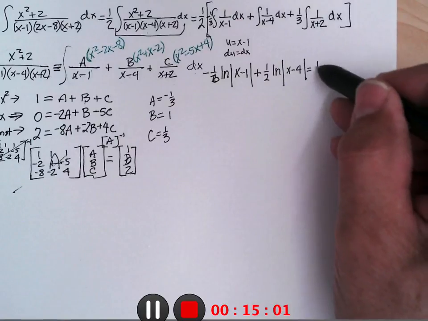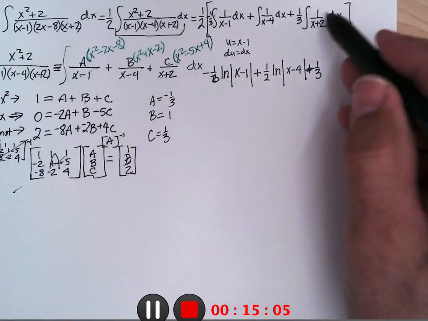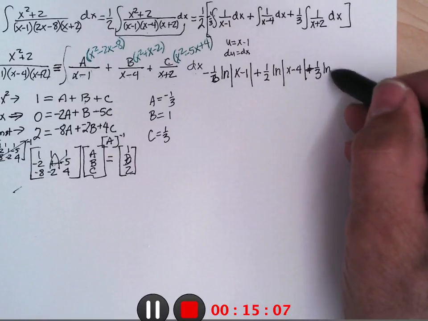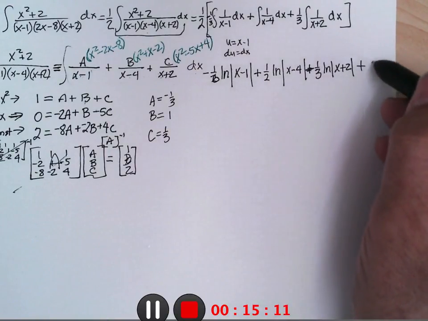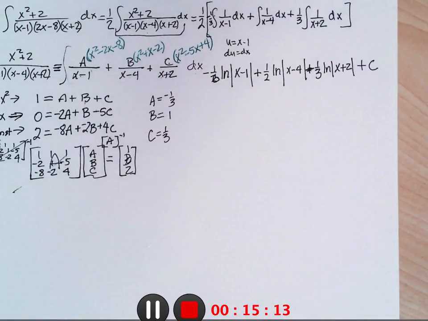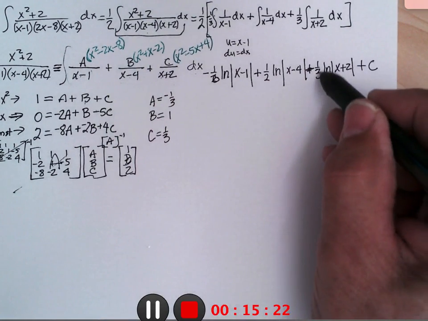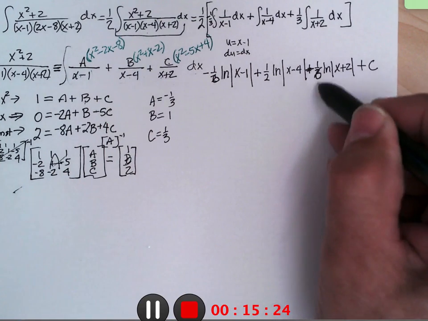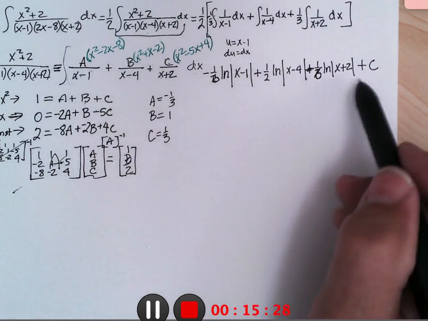Plus 1/3 ln of x plus 2 plus c. Okay. Oh, and on this one I forgot to take it times 1/2, so that's 1/6. There we go. So I'm checking my answer here, make sure I didn't make any other mistakes. Yep, that's the correct answer for that one.